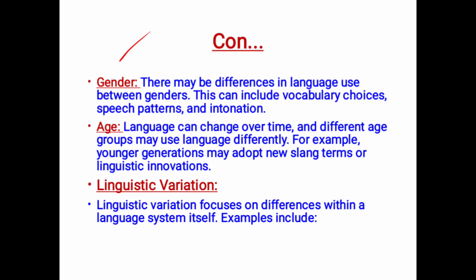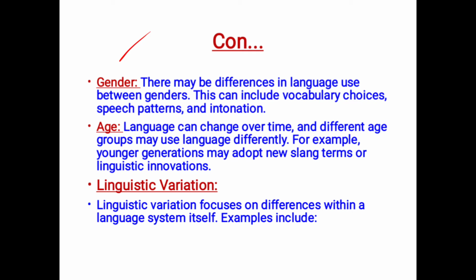For example, if you are a female, what kind of vocabulary will you use? Like there will be soft or hard words, or hard sentences or soft sentences you will use. The same if you go through the male or boy, what kind of language he will use, what kind of words he will choose, what kind of speech patterns, what kind of intonations.